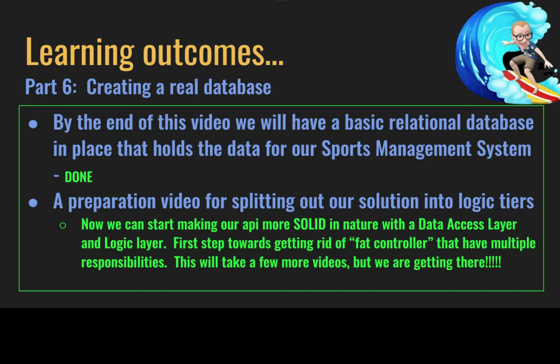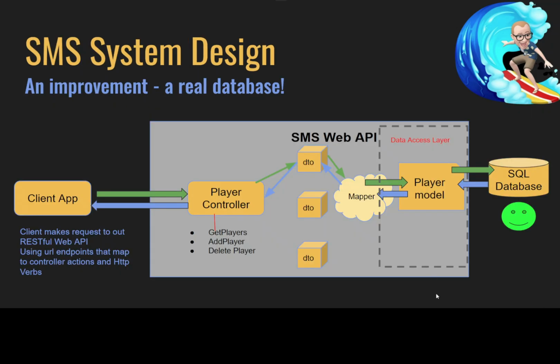So now we're in a position that we've got a SQL database. We can actually start breaking up the application into logical tiers and do away with this fat controller. So here's our new design based on what we've done in this video. All of a sudden our in-memory database has been replaced with an actual SQL database.